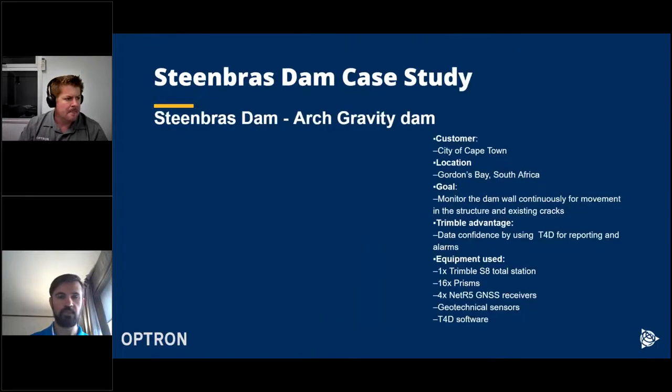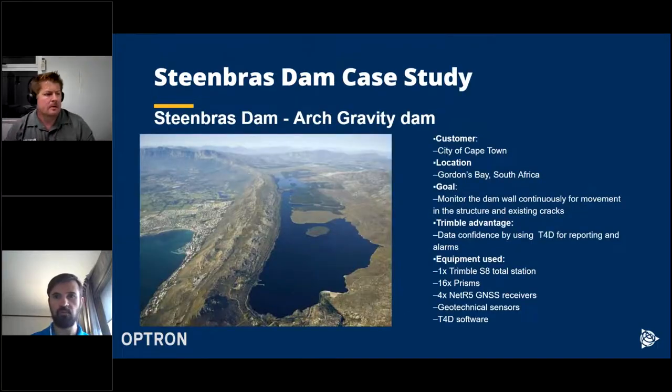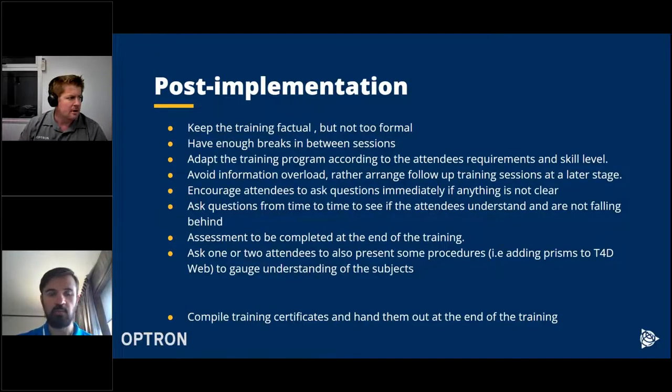Okay. So maybe before we go into this next section, a couple of questions came in about system design and system installation. So one was how important is installing lightning and surge protection, or is that something that comes up often? Okay, so for all our installations that actually have permanent electricity supply, we do install surge protection.